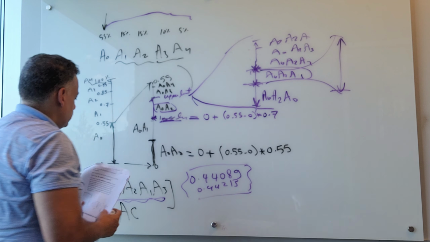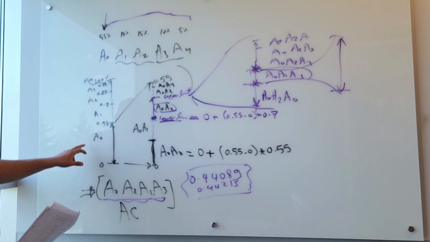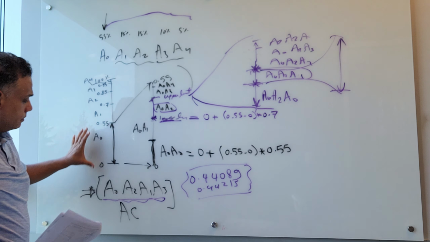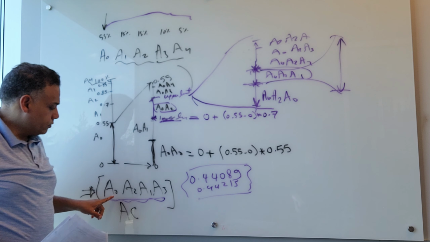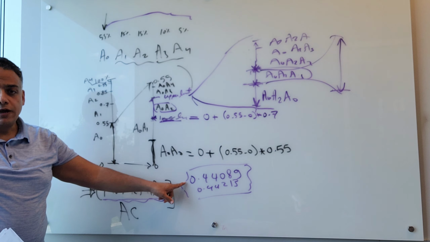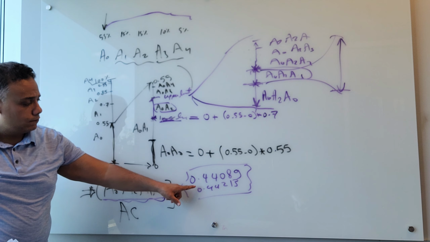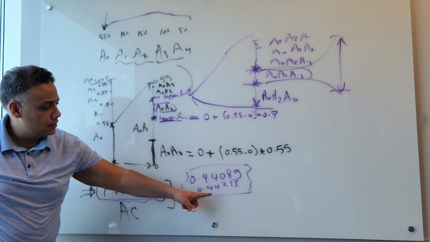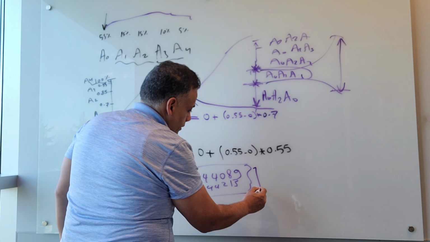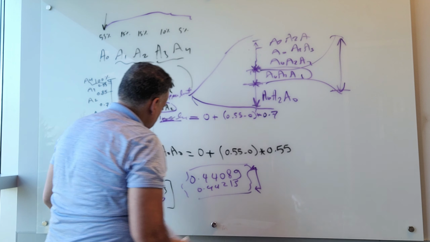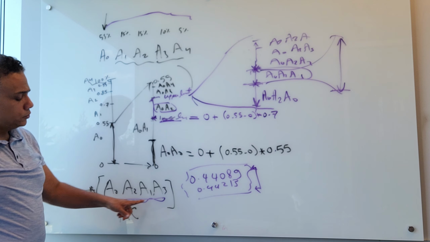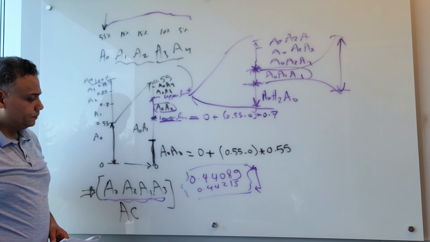So basically we started here with A0 from 0 to 0.55, and after the incorporation of A2, A1, A3, we ended up with this refined interval from 0.44089 to 0.44213, a very tiny interval that depends on the probability of the individual symbols.